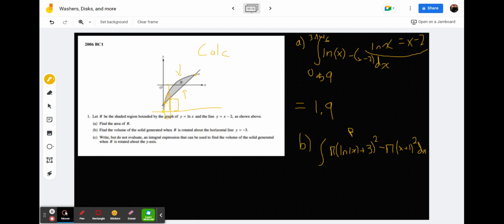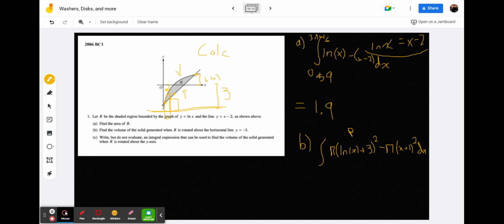You might be saying, why plus 3, not minus 3? It's because our new axis is down, so it's further away from this. If we take this point up here, for example, this is ln x, and then it's 3 more, so the distance from this point to the bottom is ln x plus 3. And what about over here when these values are negative?